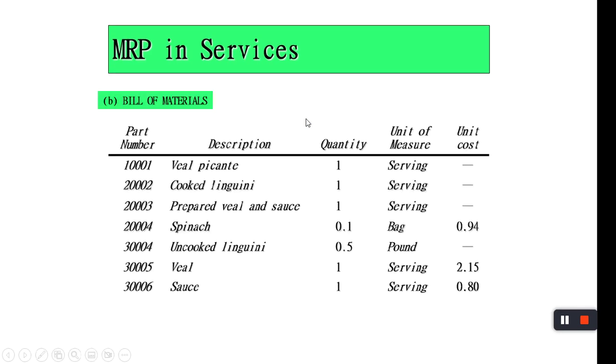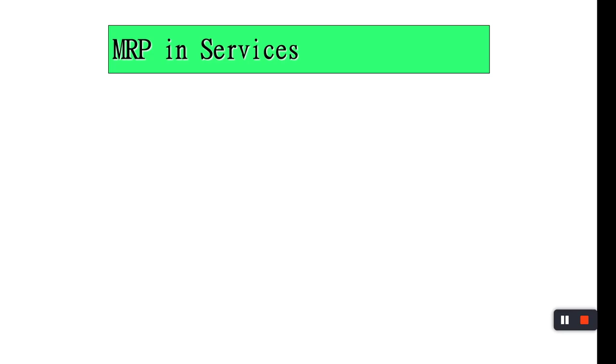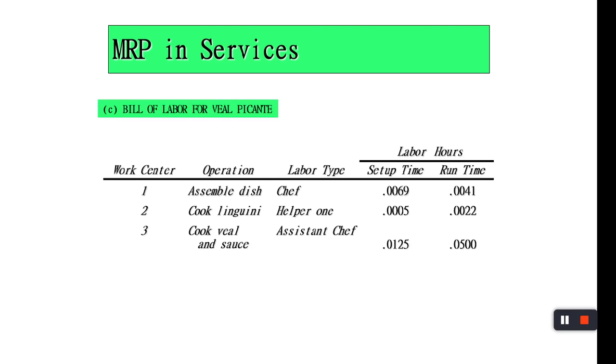So this is an example of bill of materials for that particular dish. So we need these materials and then the quantity, unit of measure, and then the unit cost for each material or subcomponent. And then bill of labor.